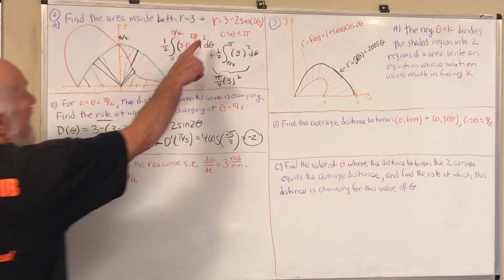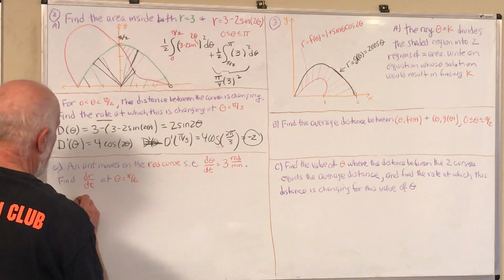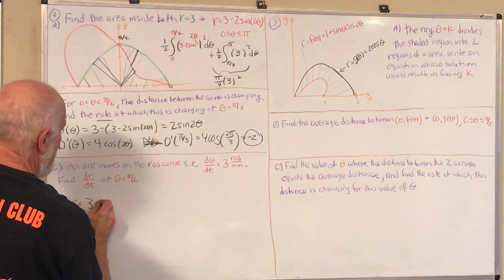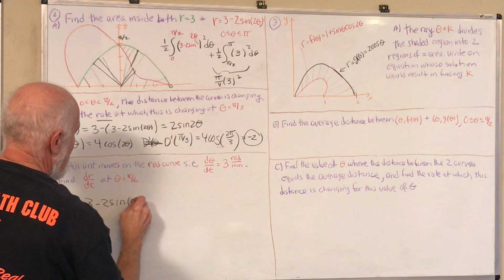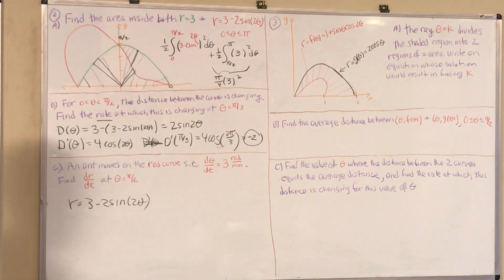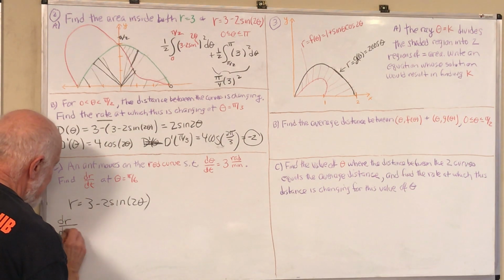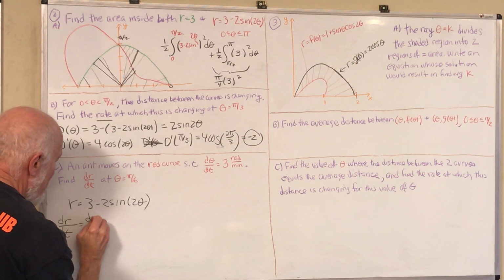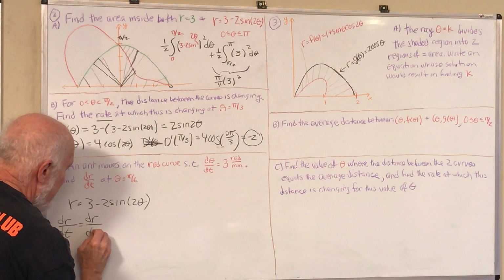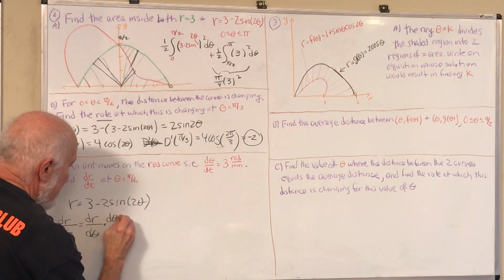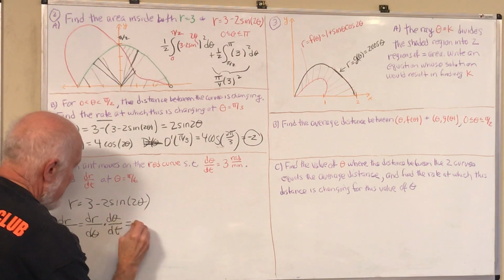Well, we have r as a function of theta. So we can find dr d theta. But we want to find dr dt. So what do we do? We find dr d theta and multiply by d theta dt.